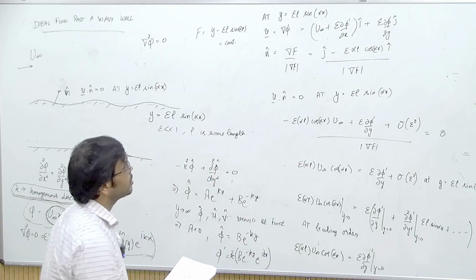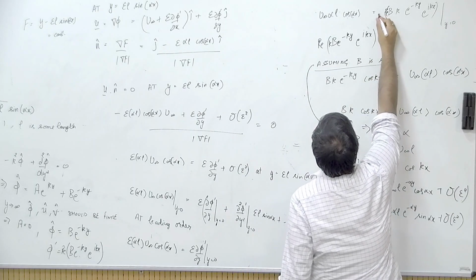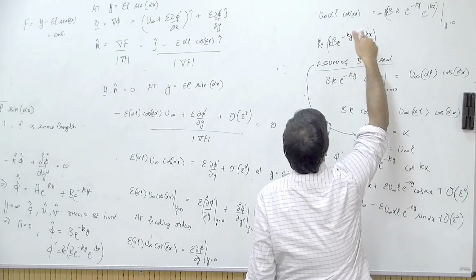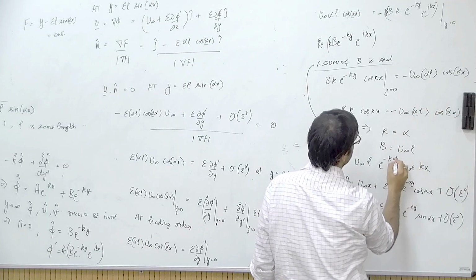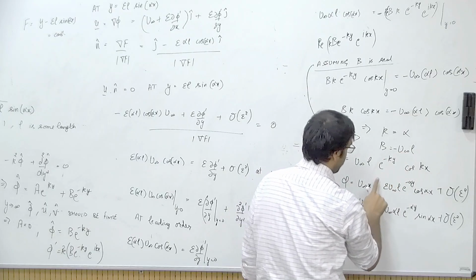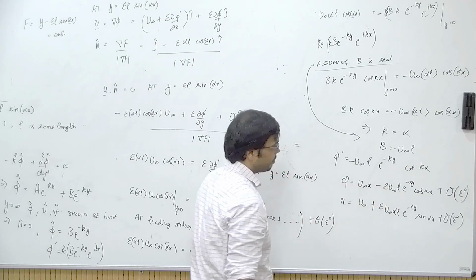This should have been alpha y and alpha x, because alpha is the known quantity. Did I miss something? I think there is a minus sign that I missed here, because of the derivative in y. So b should have been minus of u infinity.